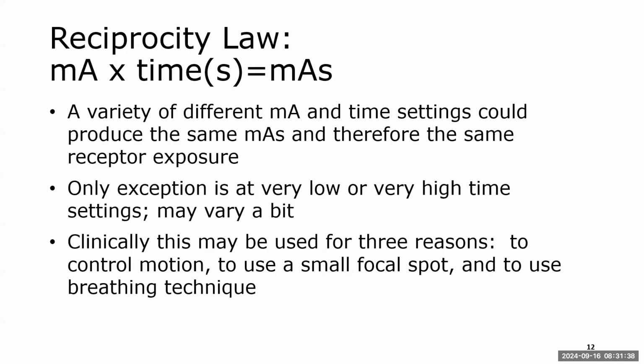The only exception of this is at very low or very high time settings, it may vary a bit. So when we get in those extremes, like super, super low exposure times or really, really long exposure times, we may get a little fluctuation there. But in general, there's multiple combinations of MA and time that can equal the same mass.